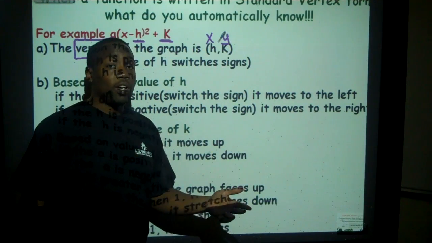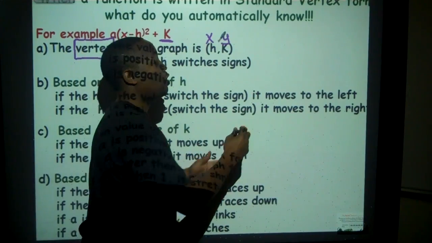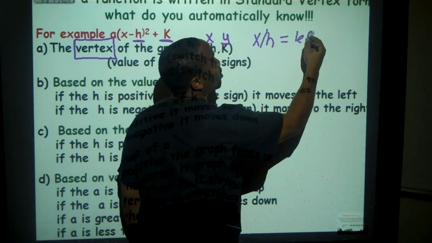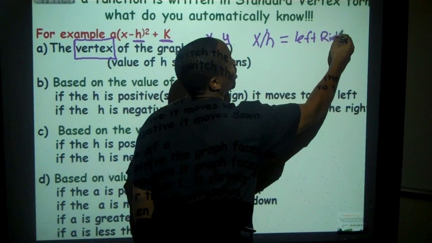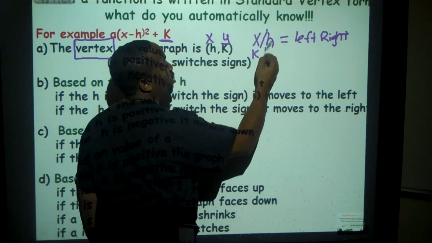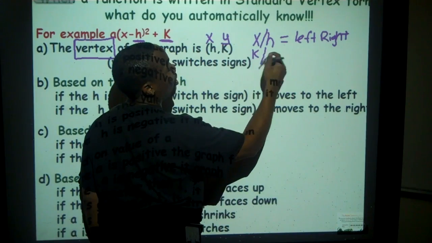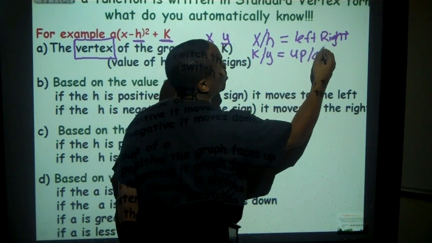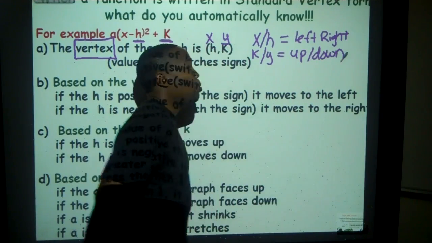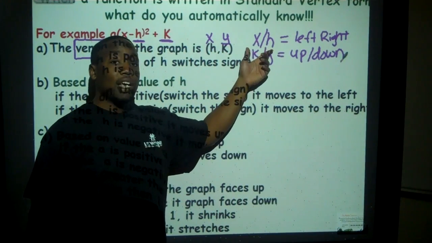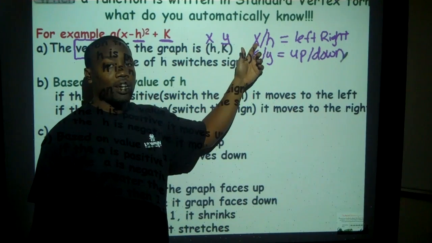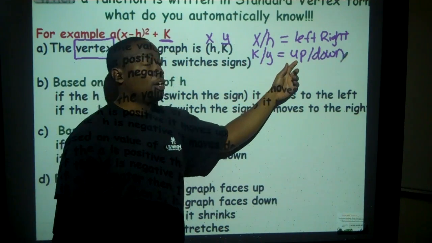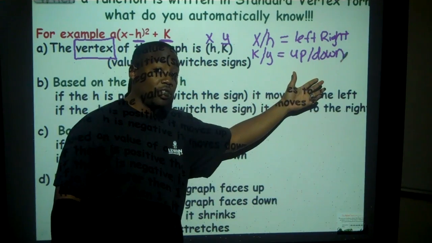Just like the regular graph, the h moves from left to right, and the k, or y, goes up and down. To help you remember, the h and the x are the same thing, and that goes left to right. The k and the y go up and down. Okay? So that's your vertex.